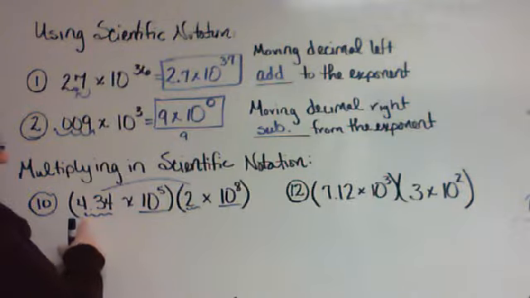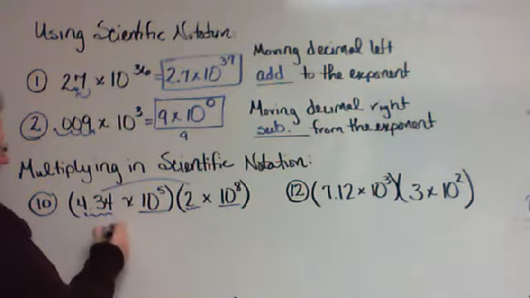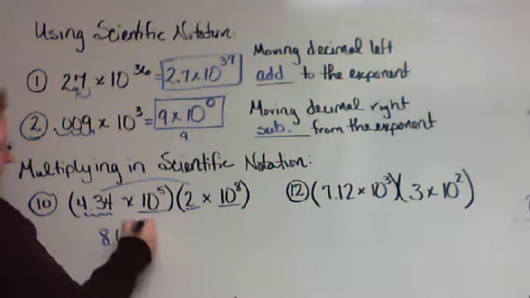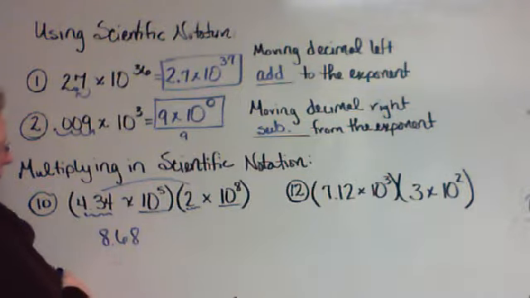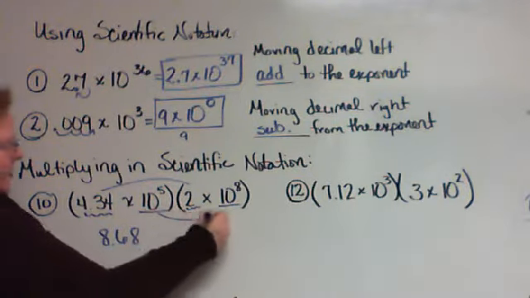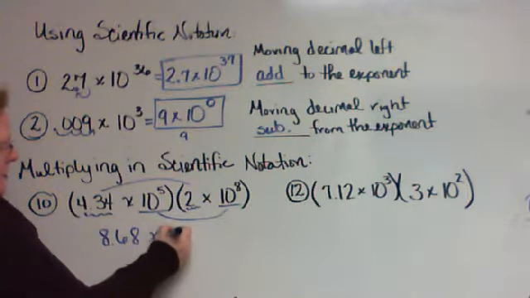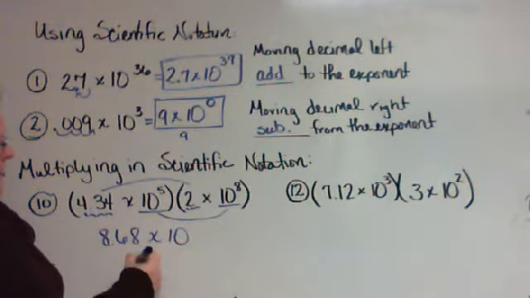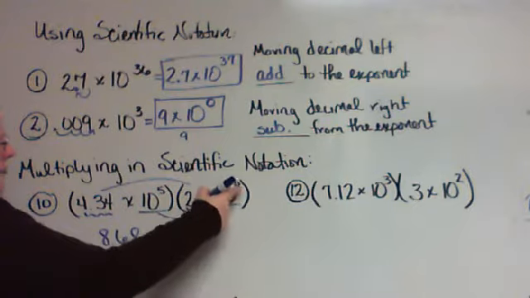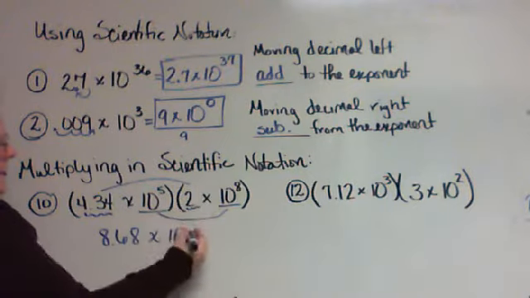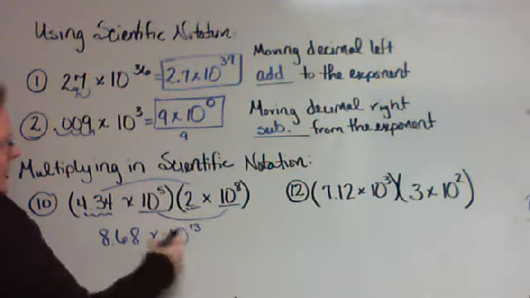2 times 4.34 gives me 8.68. And then I'm going to choose to multiply those. So that's 10 to the 5 plus 8, because they're like bases, gives me a 13 power.